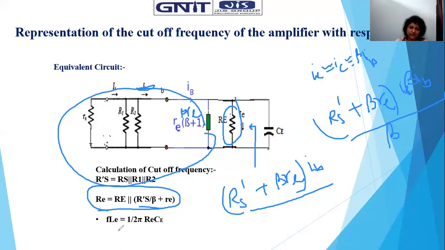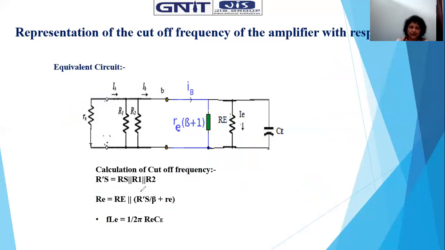So what we found here, the lower cutoff frequency with respect to the emitter terminal capacitor, is 1 by 2 pi RE equivalent resistance into C. So in this approach, you will find the cutoff frequency with respect to C.